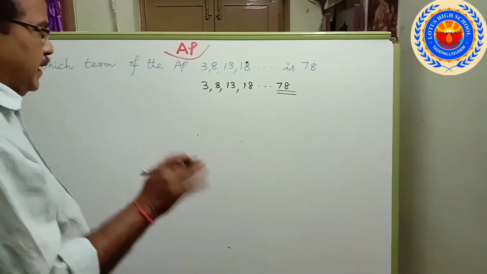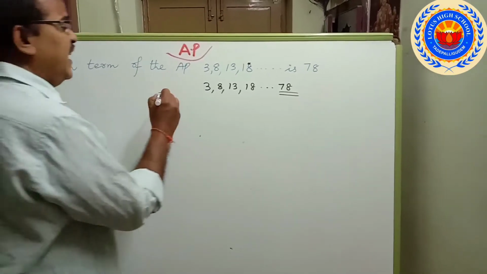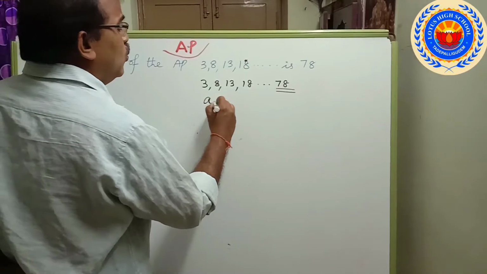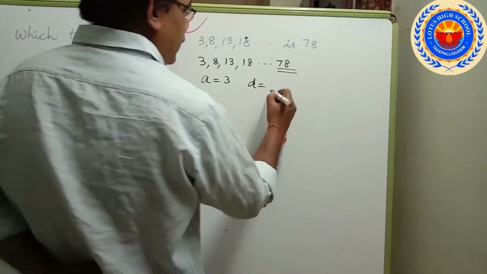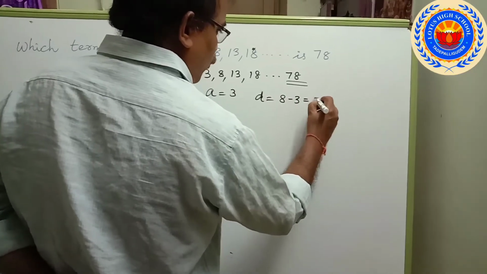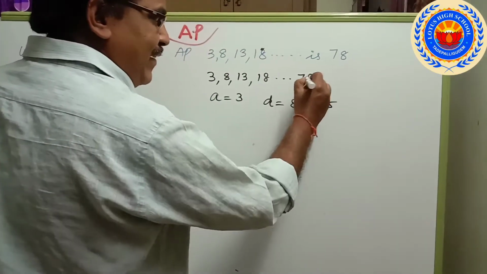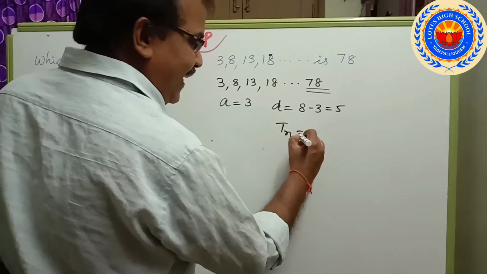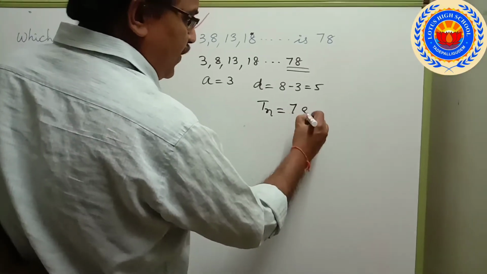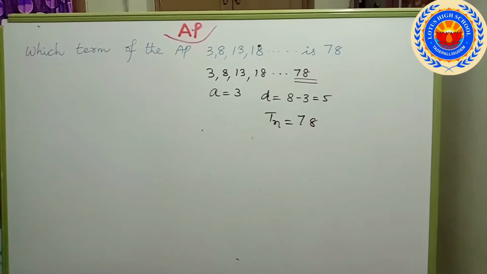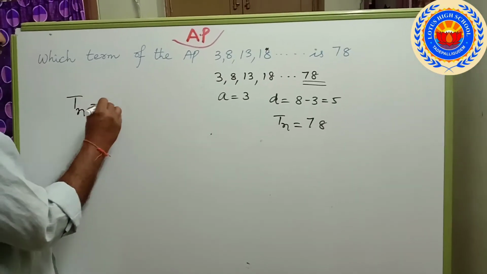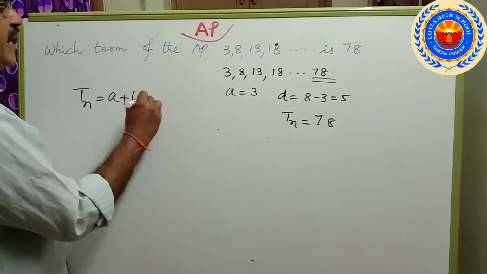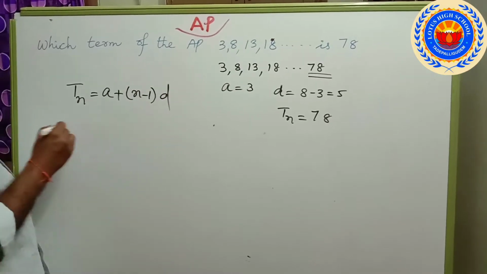So, the term number. Here, a is equal to 3, d is equal to 8 minus 3, which is 5. This 78 is nothing but Tn. Tn is equal to 78. What is the nth term formula? Tn is equal to a plus (n minus 1) into d.